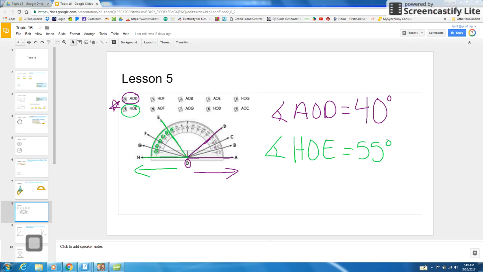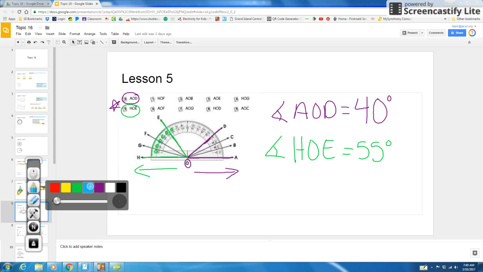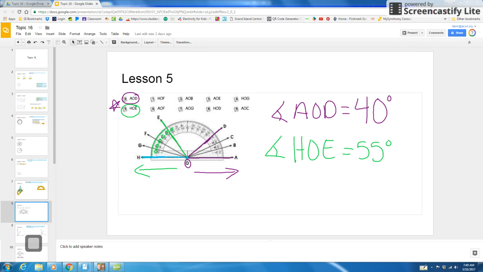So now I'm going to have you measure. I'm going to get a different color for you so it's outlined. We'll do blue. I would like you to measure angle H, O, C. There's our endpoint O. The first thing I want you to think of before you start coming up with that measurement is, is it an obtuse angle, an acute angle?